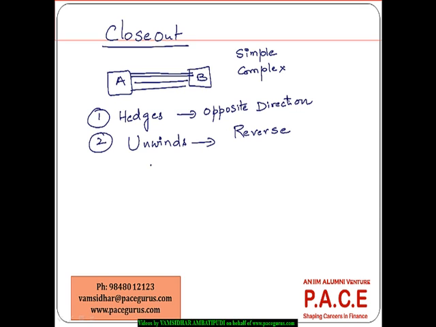So it is also increasing the size of the position. So some trades could be simple unwinds with the existing counterparty. Instead of cancelling, we are executing the reverse. So it's a direct consequence that the trade has already been cancelled. Now in some cases like this, we even perform a compression exercise, which I'll talk about slightly later, where I can reduce the exposure of this kind of contracts.